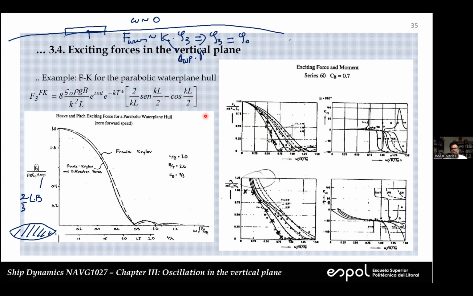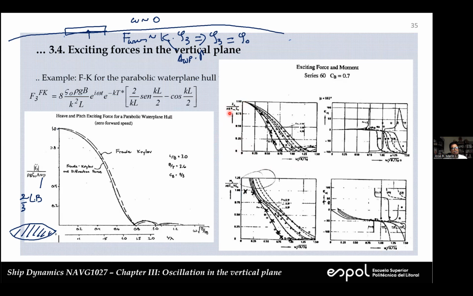One very important aspect is that for very low frequencies, very high wavelength, this ratio reaches 1.